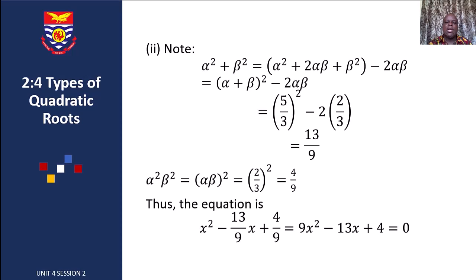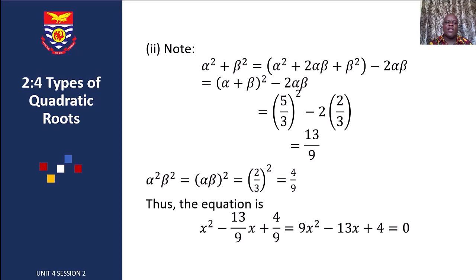We simplify and we get 13 out of 9. Then we come to the product. Alpha squared times beta squared can be written as alpha beta in bracket squared. And we know alpha beta to be 2 over 3. So 2 over 3 squared. And when you simplify, you get 4 out of 9.